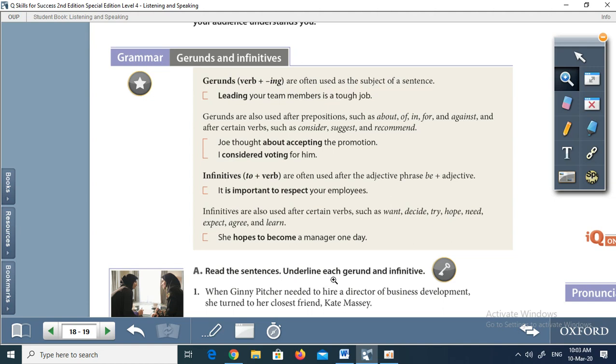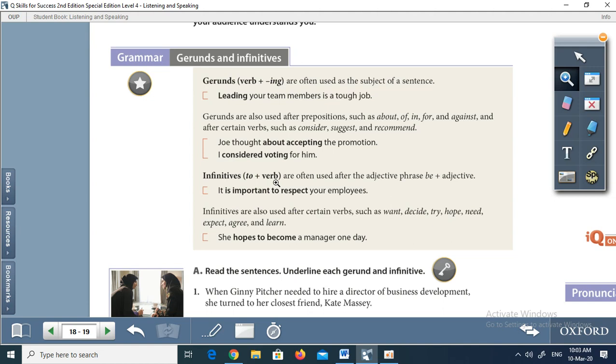If you get confused about what is a gerund and what is an infinitive, look at the box above you and it will remind you: the gerund is the base verb plus ing. The infinitive is to plus the base verb. Right.